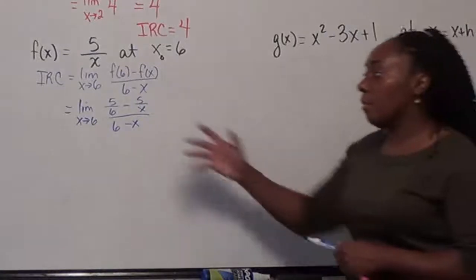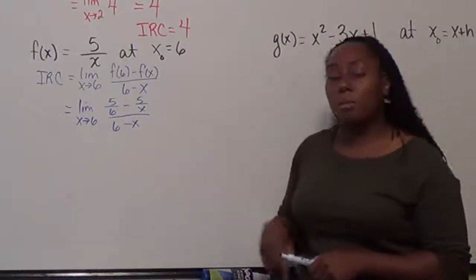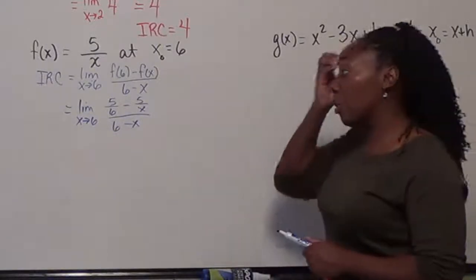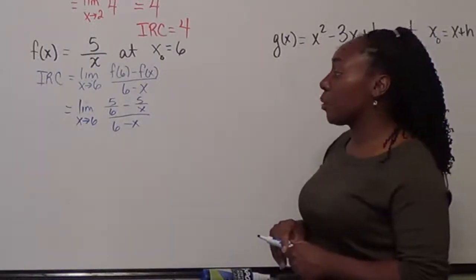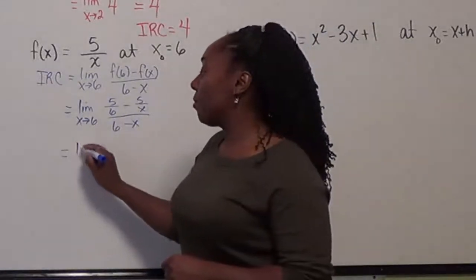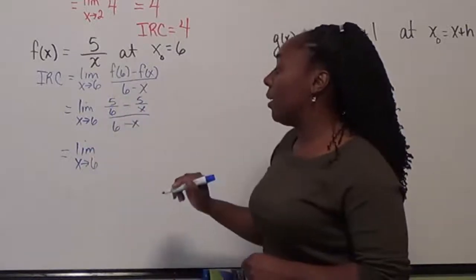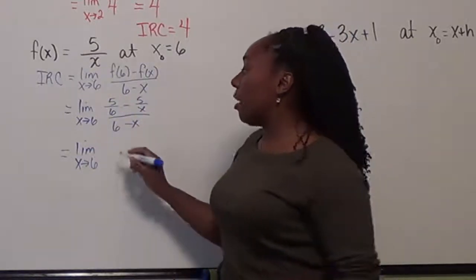At first look, it looks very difficult to solve, but we're going to have to use some algebra to rewrite and simplify this expression. Notice you've got a complex fraction, so we'll get rid of that extra denominator.